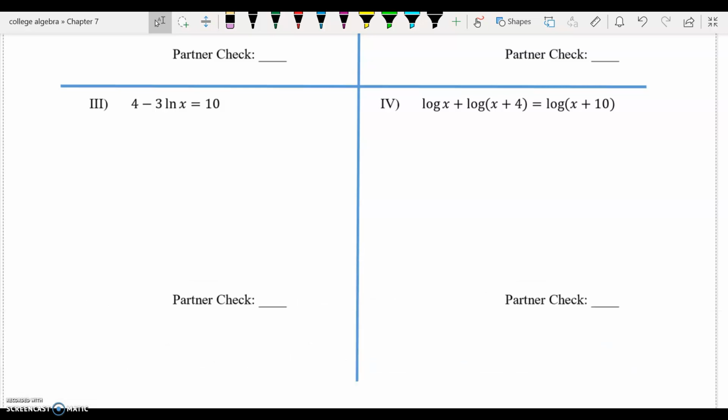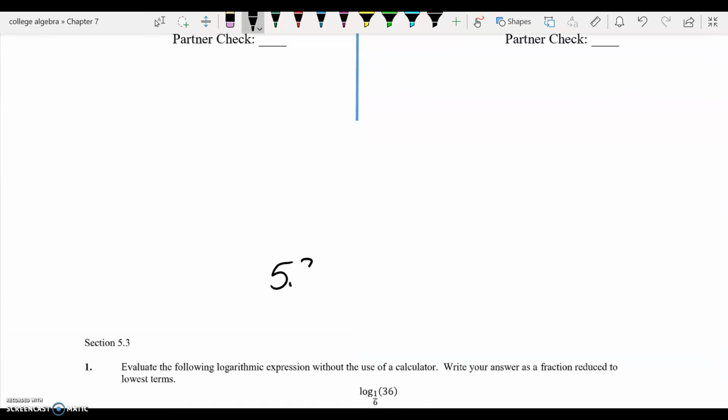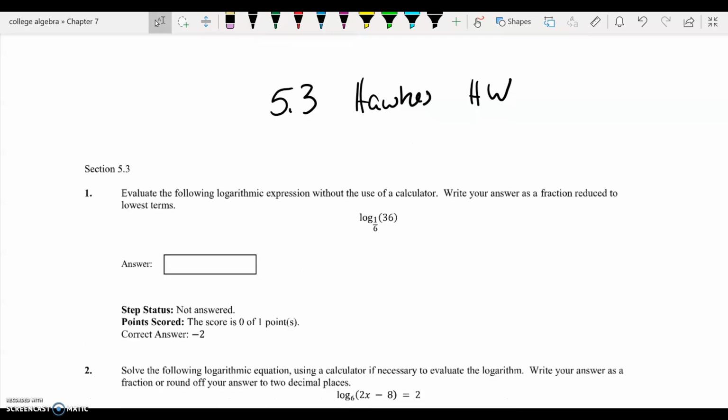All right. The next part is going to help you with the Hawks. Your Hawks assignment is going to be 5.3 Hawks. So just working through some examples. We've done most of these before, guys, but it is nice to see them again. On this one, if it says solve it without a calculator, here's what you do. You take the base, 1/6.